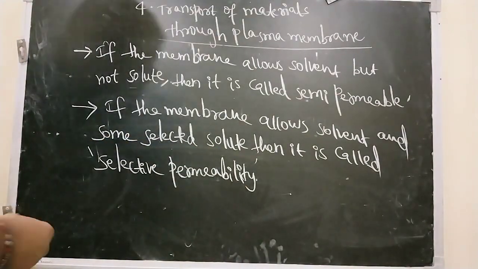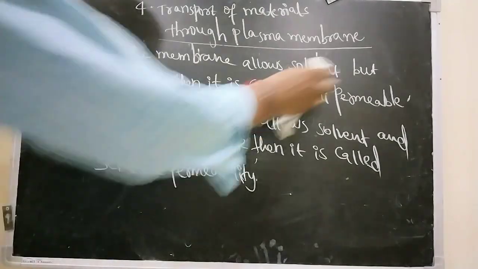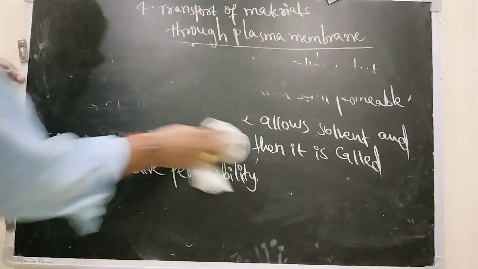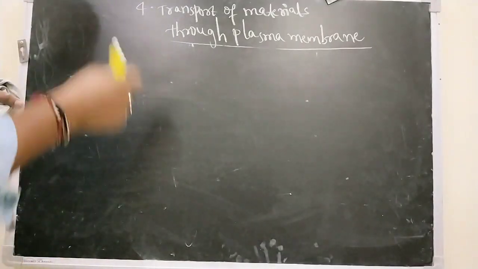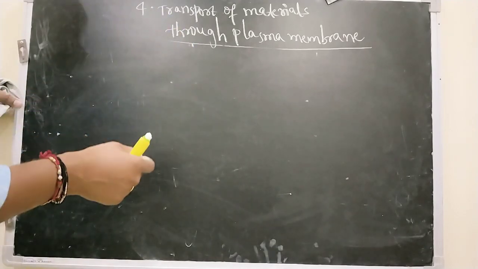Okay, next, actually the plasma membrane is a selectively permeable membrane, which is a delicate and thin layer surrounding the animal cell, and it is also present in the plant cell below the cell wall.